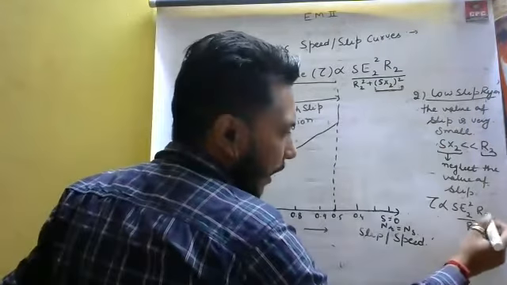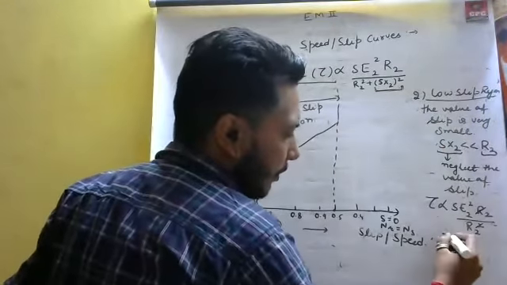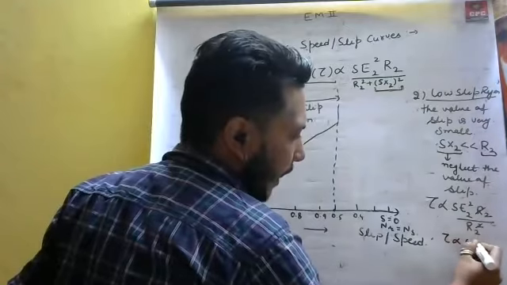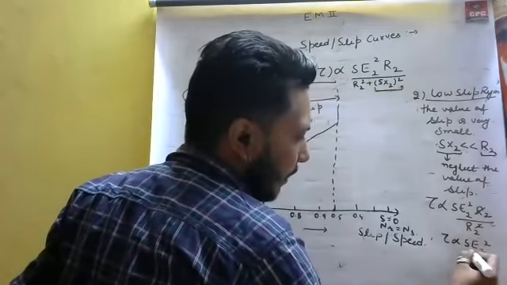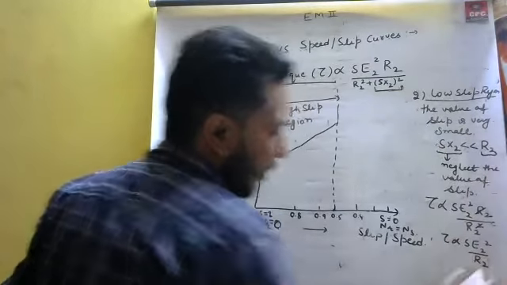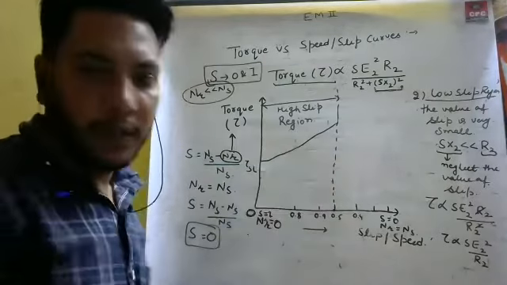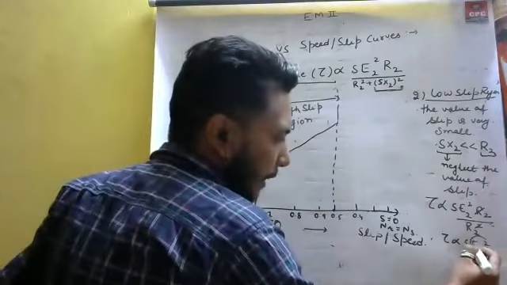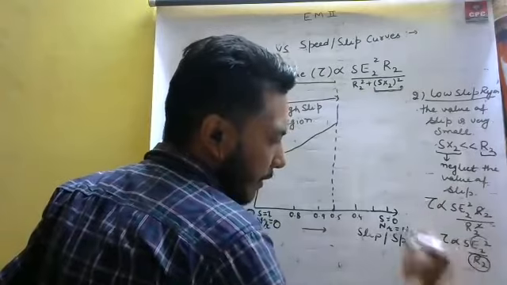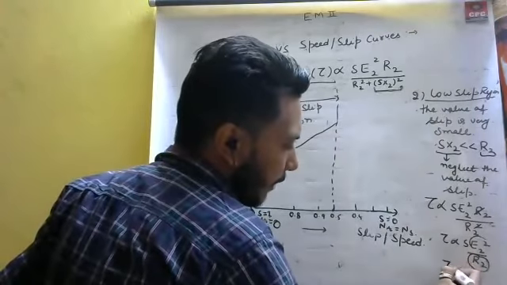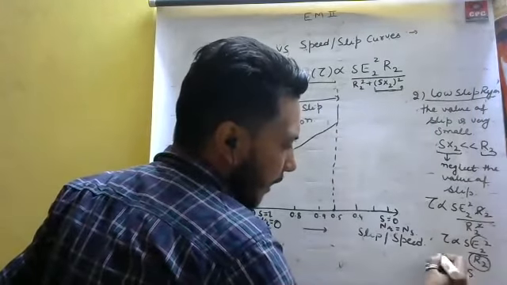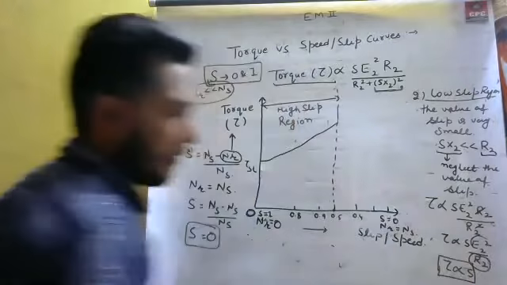Here this R2 cancels from R2. Now the equation becomes S into E2 square upon R2. But we are talking about the torque versus slip curve, so this parameter E2 and R2 are taken as constant. Now the torque equation becomes, torque is directly proportional to S.